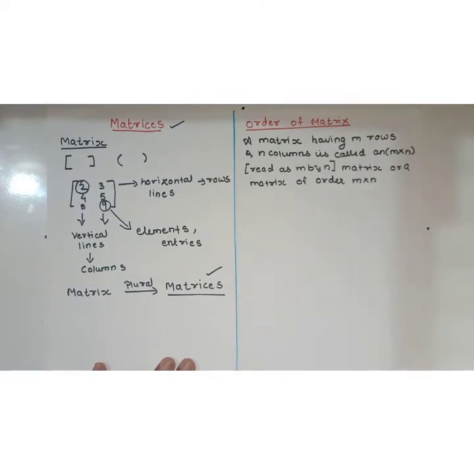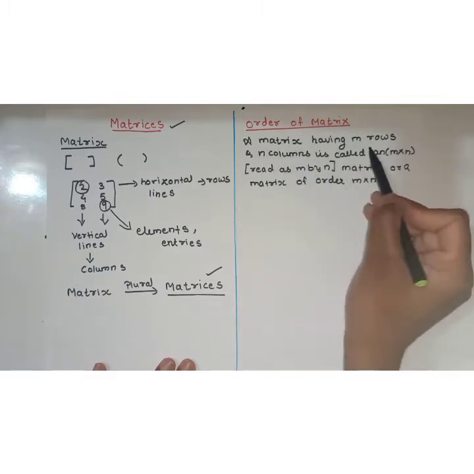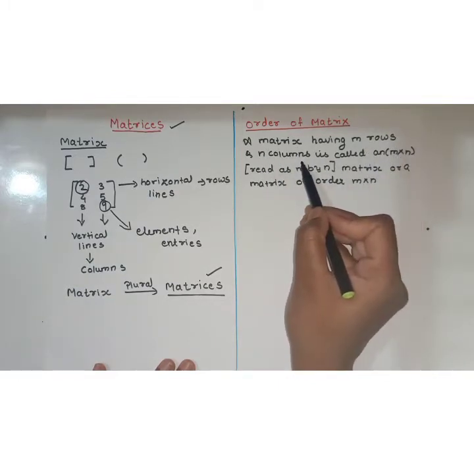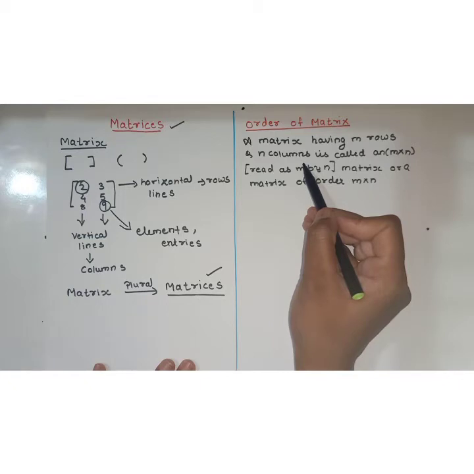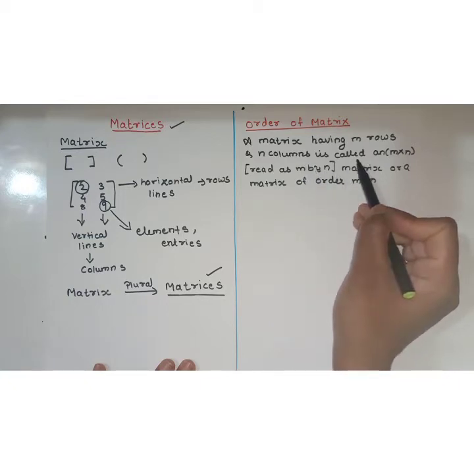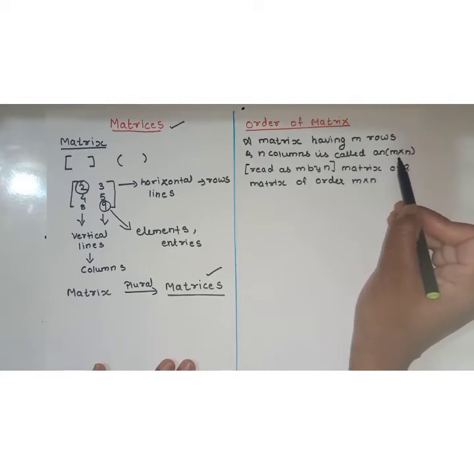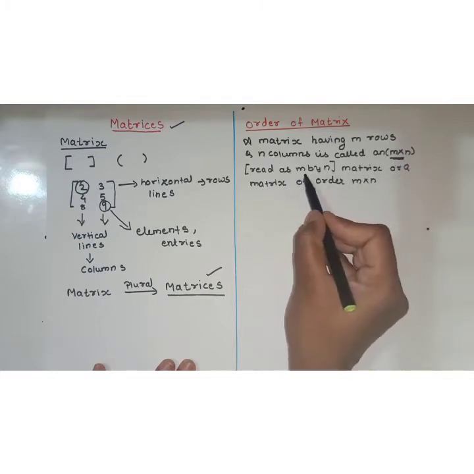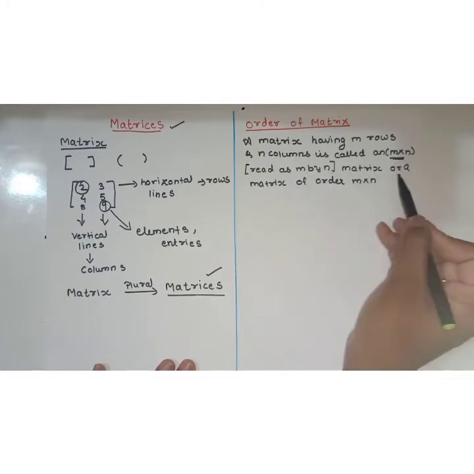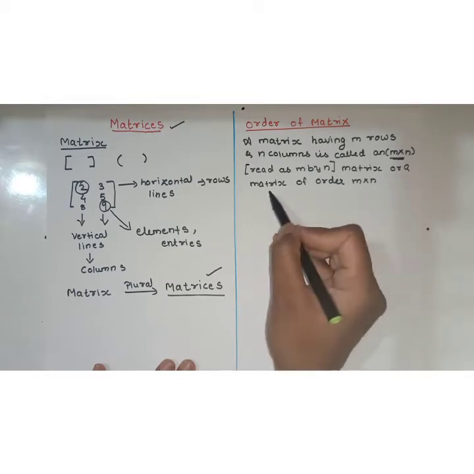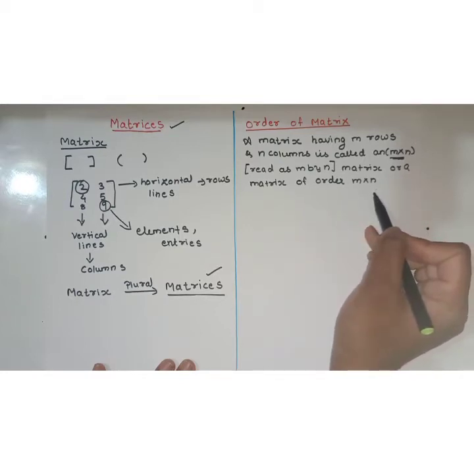If a matrix has m rows and n columns, we call it a matrix of m by n, or a matrix of order m by n.